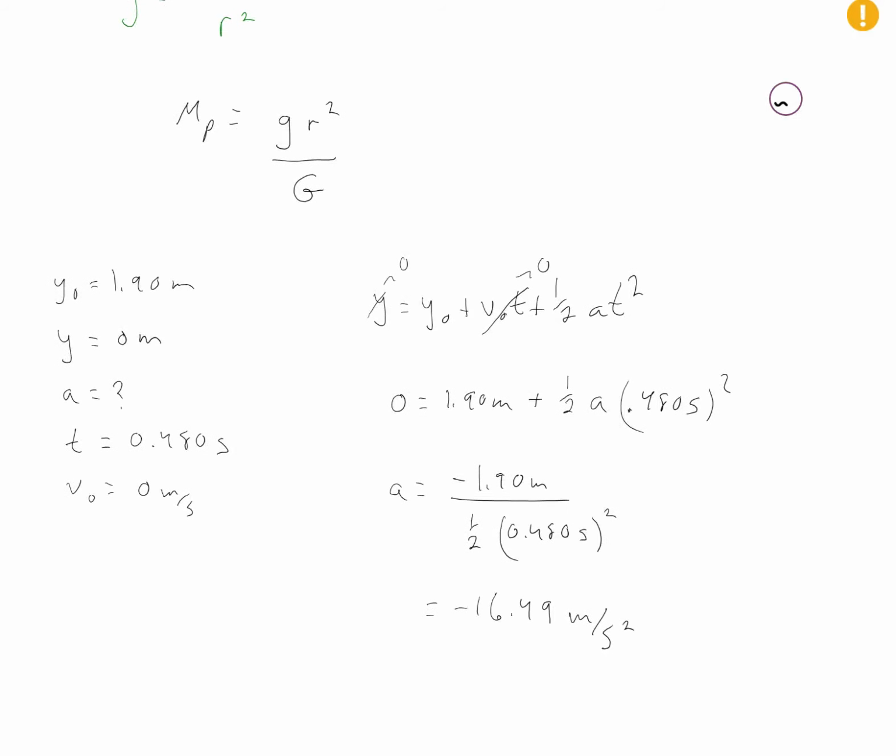Now we can substitute into our equation and solve for the mass of the planet. So 16.49. Now notice I'm not going to put the negative there because I don't need to. I'm just interested in the magnitude of gravity.